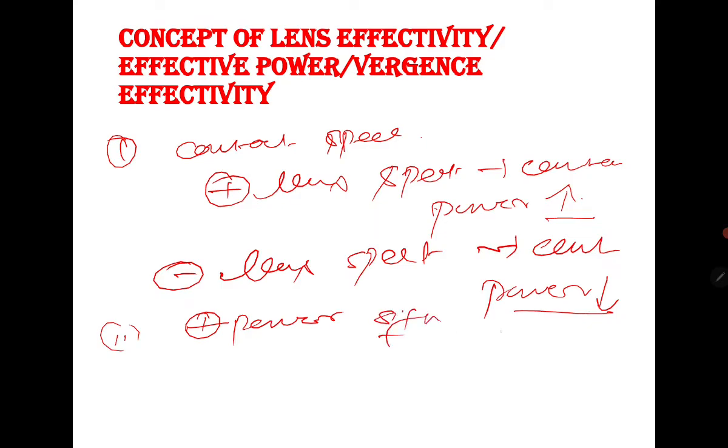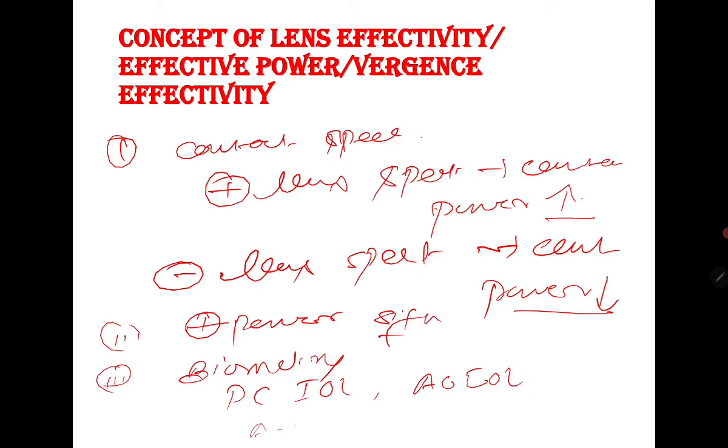The third important concept you can understand is when we do biometry, and from a PCIOL, posterior chamber IOL, we calculate an anterior chamber IOL in the same patient, then we reduce the constant, which eventually reduces the power of the IOL.